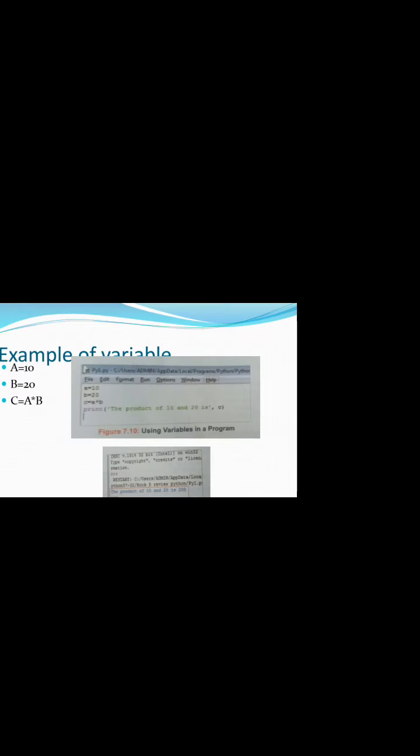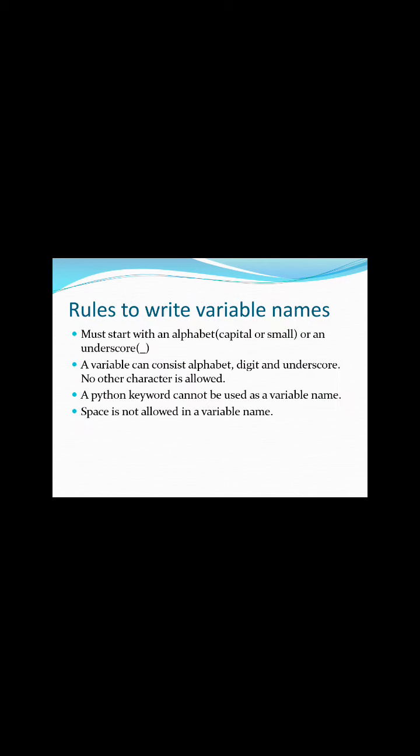Now, when you declare a variable, children, there are some rules. These rules are the same in all programming languages, whether you are using BASIC, C++, Python, Java or any other language. There are no changes in these rules.